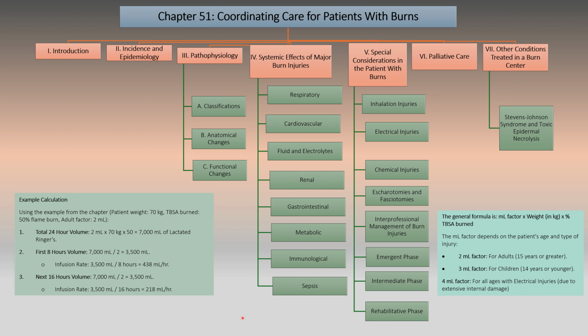Chemical burn intervention: the primary and immediate treatment for chemical burns is continuous irrigation with copious amounts of water. Alkali burns tend to penetrate deepest and require the longest irrigation.